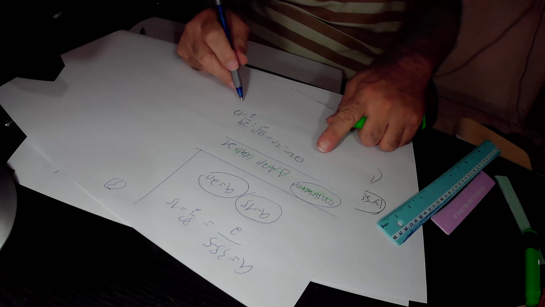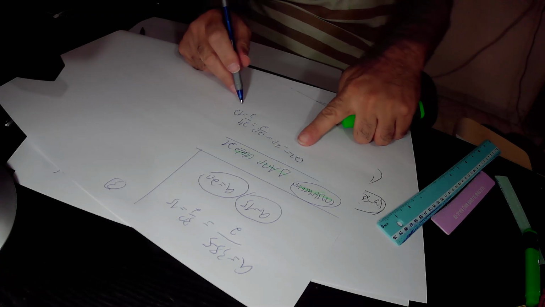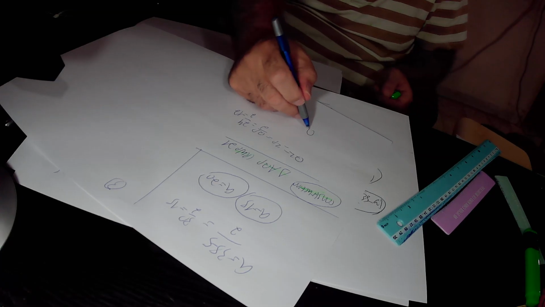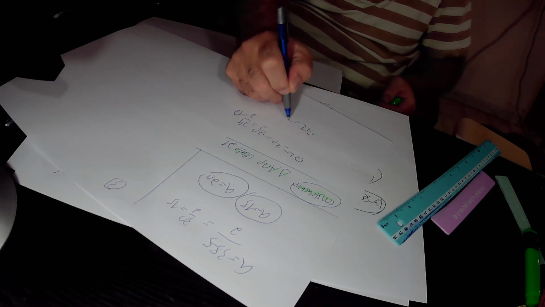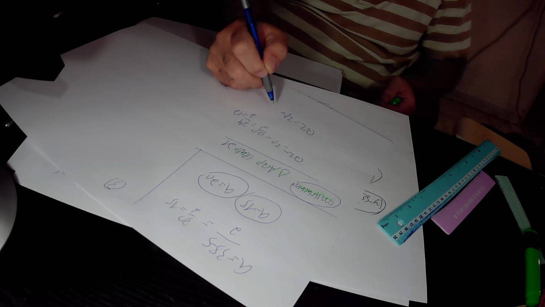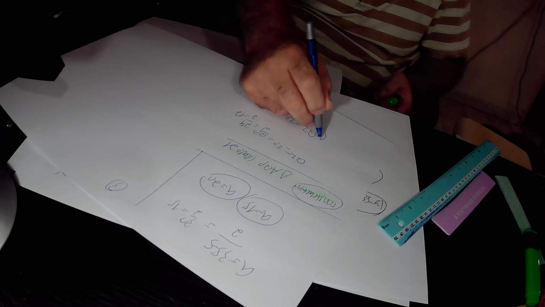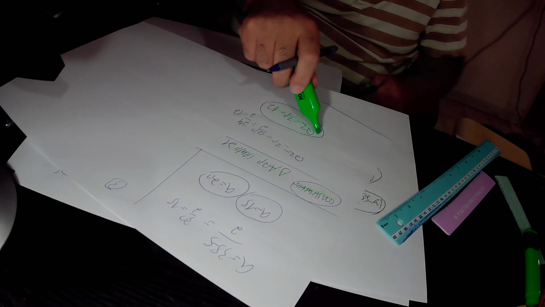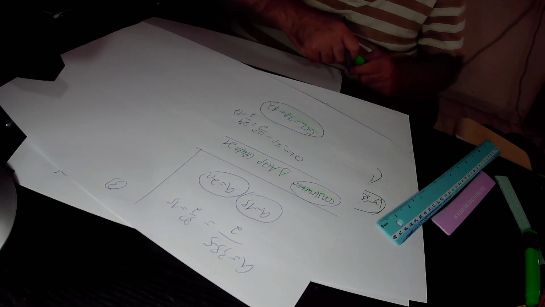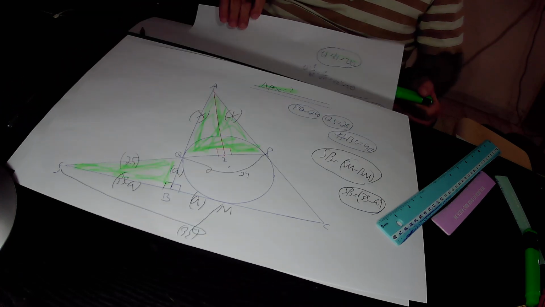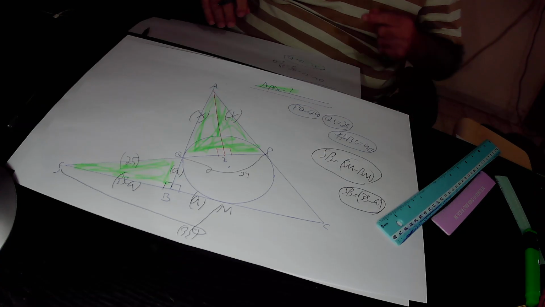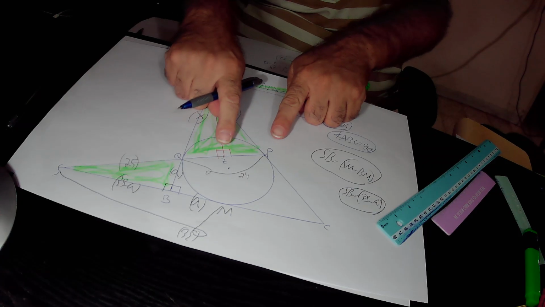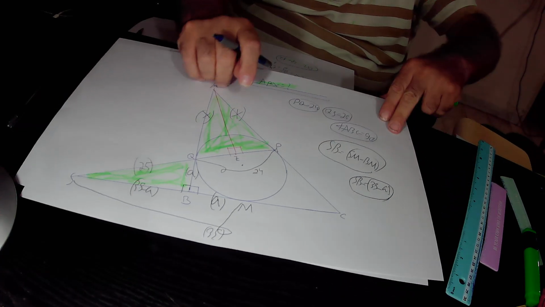So we know that QZ equals ZP equals 12. QZ equals 12, ZP also equals 12.